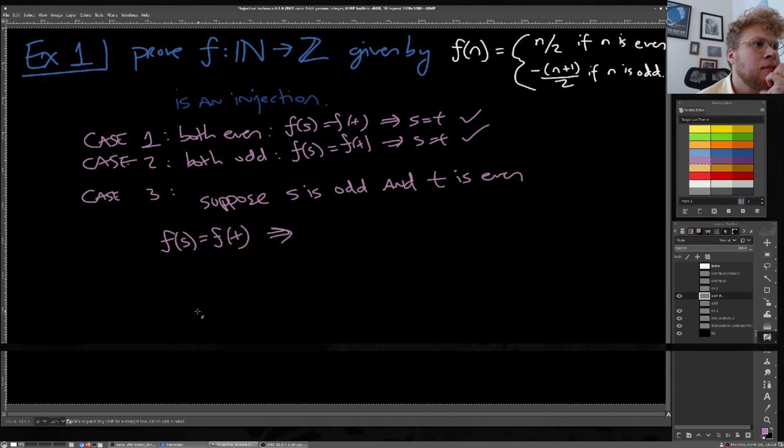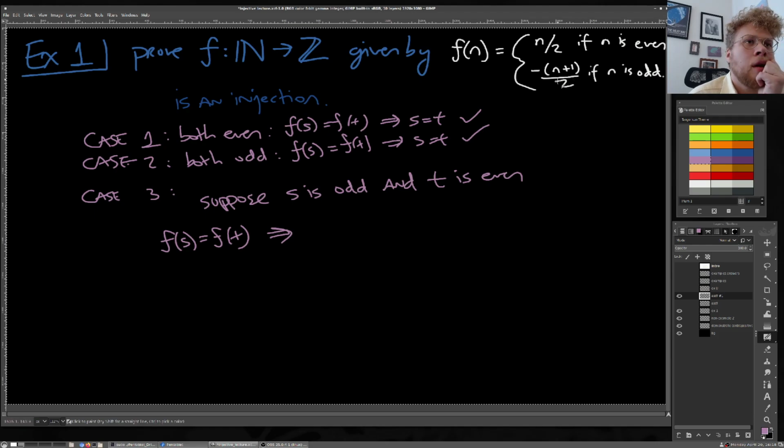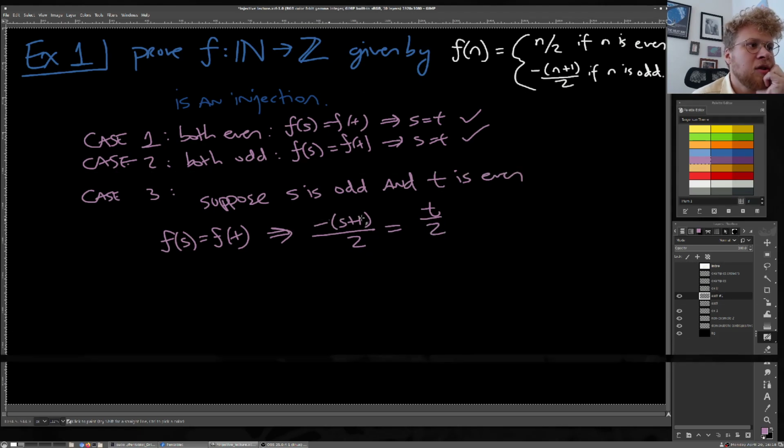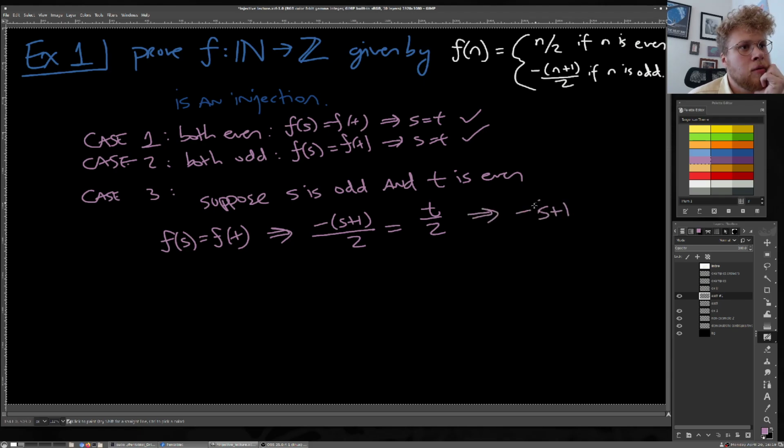That would imply, well, s is the odd one, t is the even one. So here's what f does to even inputs, and here's what f does to odd inputs. So we get this statement, which of course implies, now we have a problem. What's wrong with this statement?